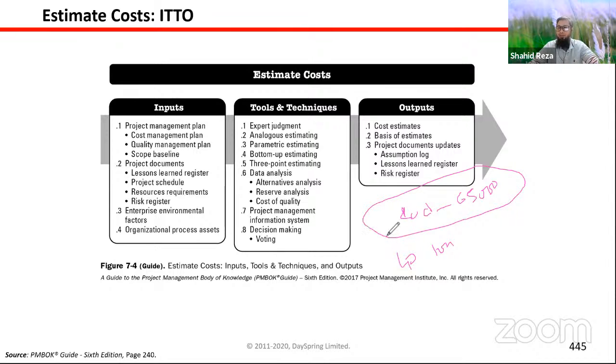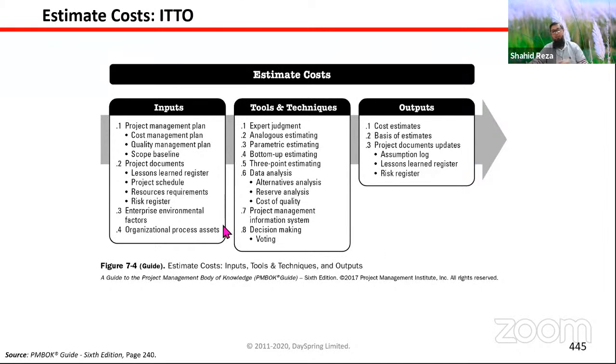From the vendor, the supplier, or the hardware shop. So that pricing, that invoice, that bill should support you. That is known as basis of estimates: based on what you have estimated the cost for each and every activity. So these two are the main outputs from this estimate cost process.